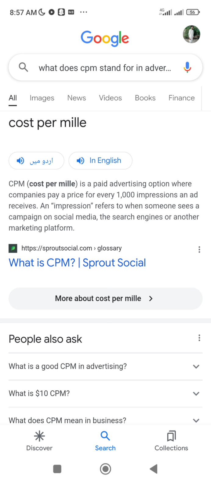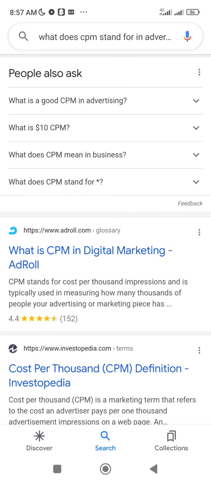What is CPM in digital marketing? CPM stands for cost per thousand impressions, typically used in measuring how many thousands of people your advertising or marketing pieces reach.